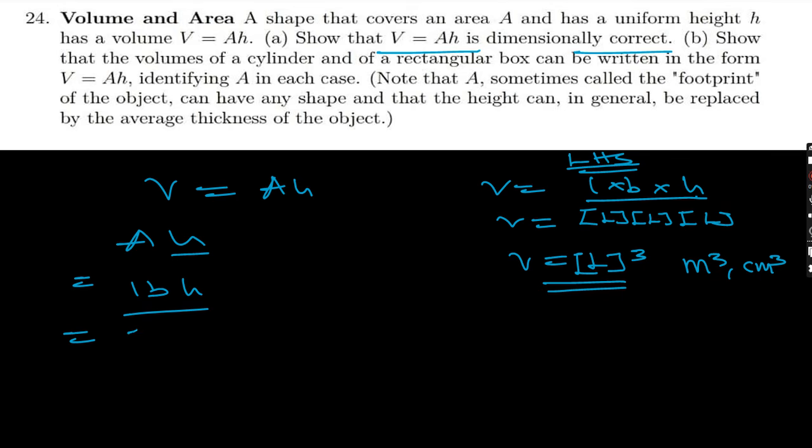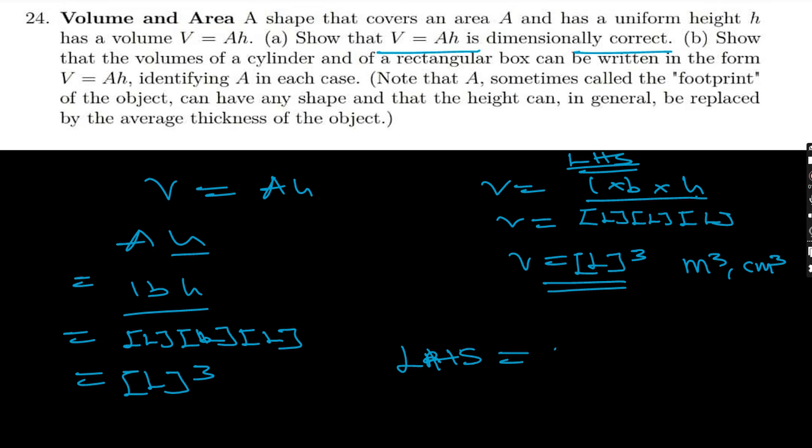So the dimensions are going to be that of L, that of B, that of h, which is also L, which is L to the power 3. So the dimensions from the left hand side to the right hand side are equal. So this equation is dimensionally correct.